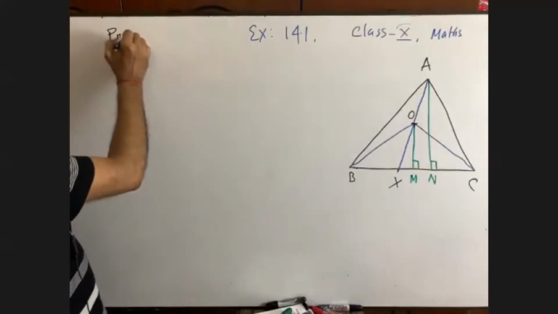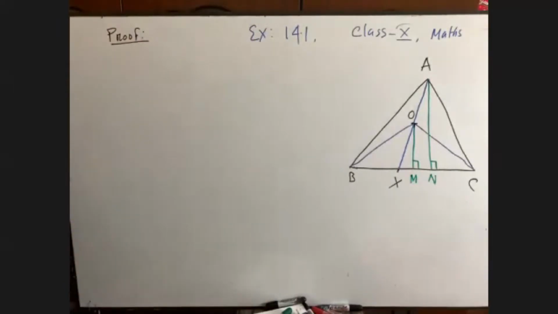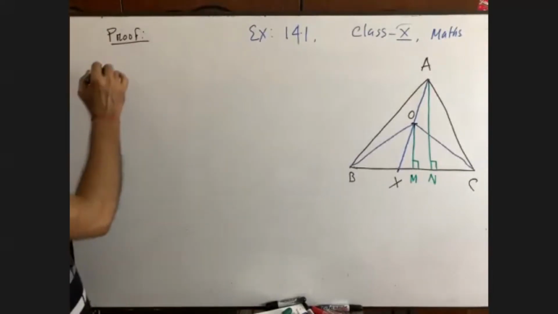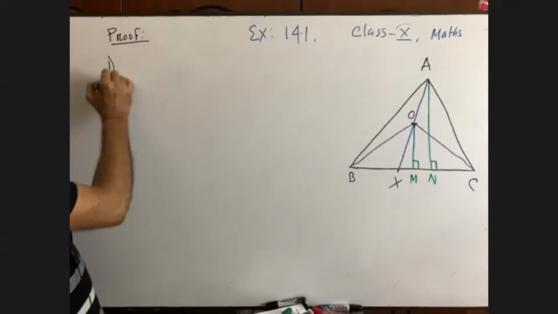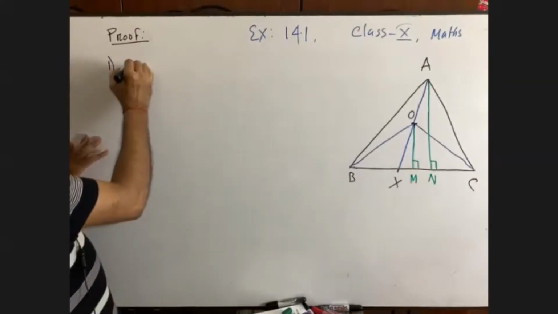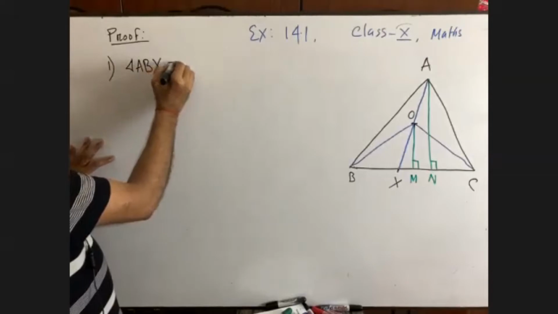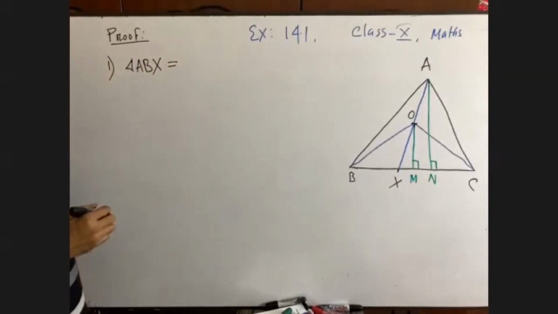Now proof. I am not going to draw the table. Step number one, triangle ABX. Triangle ABX means the area of triangle ABX. Can you please let me know what is the area of a triangle?